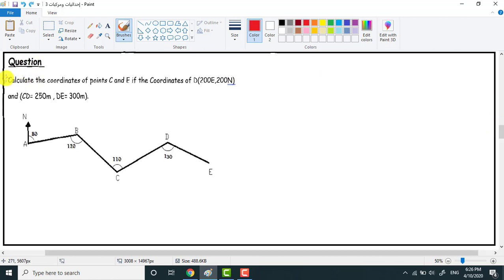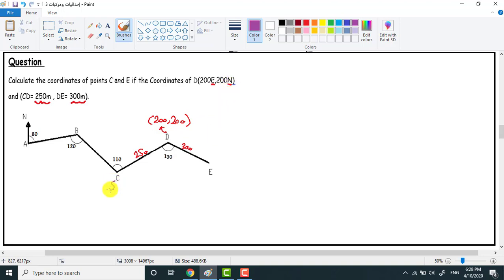Let's take an example. Calculate the coordinates of point C and point E if the coordinates of D are 200 to east and 200 to north, and CD equals 250 meters and DE 300 meters. The X coordinate is positive 200, because it's to the east, and the Y is positive 200, because it's to the north.